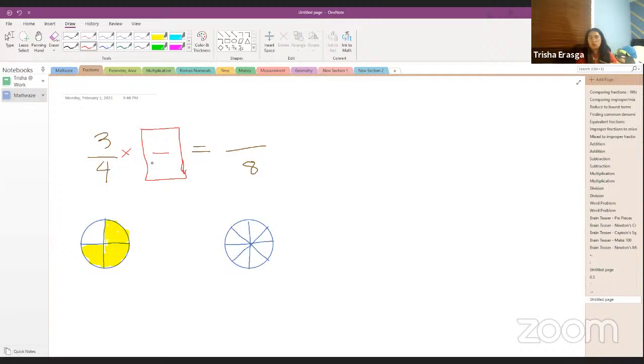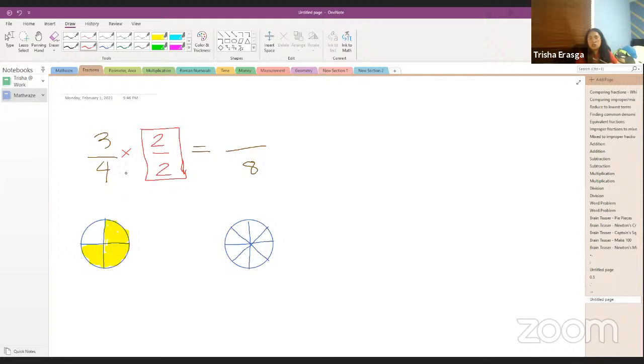So what do you have to multiply 4 by to get 8? 2. So you put 2 here at the bottom. And whatever you do at the bottom, you have to do on the top, so you're not messing up your numbers. If I'm multiplying the bottom with a 2, I should multiply the top with the same number, 2. So we're trying to figure out this blank, right?